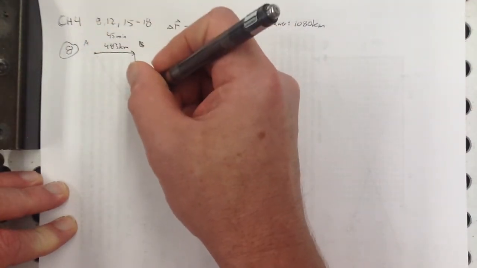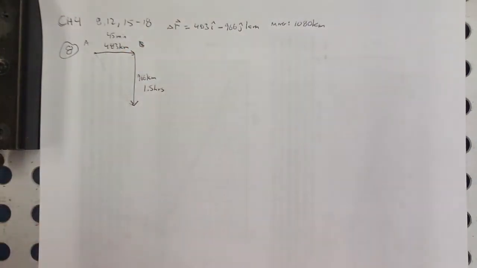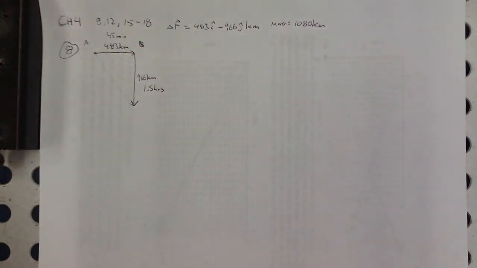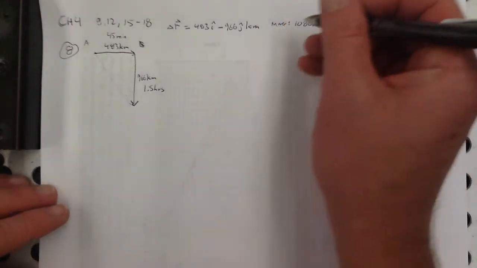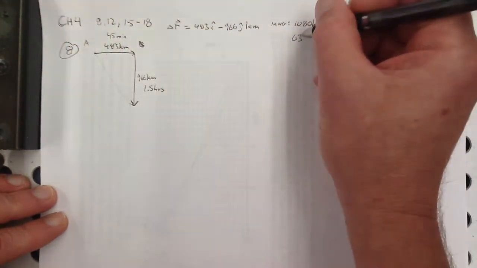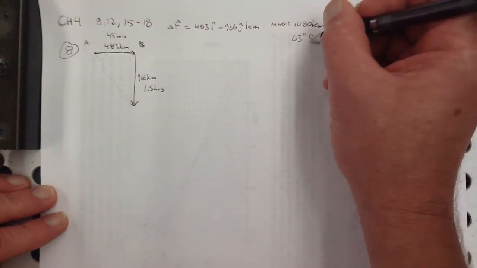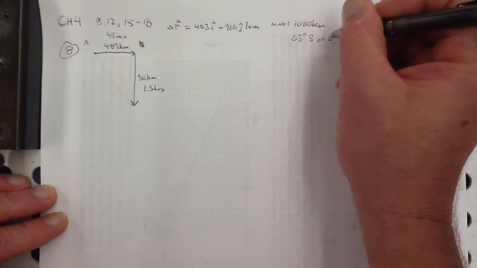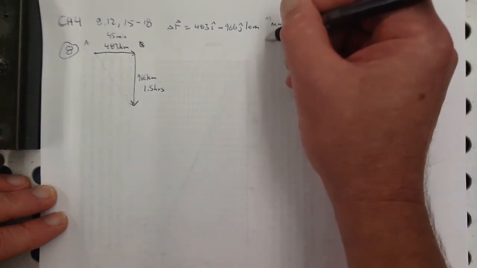That's the magnitude of its displacement. And then that angle, tangent inverse 966 over 483, is about 63 degrees. And this is a north, south, east, west situation, so I'm going to say that that is south of east. I believe that's the answers for A and B.